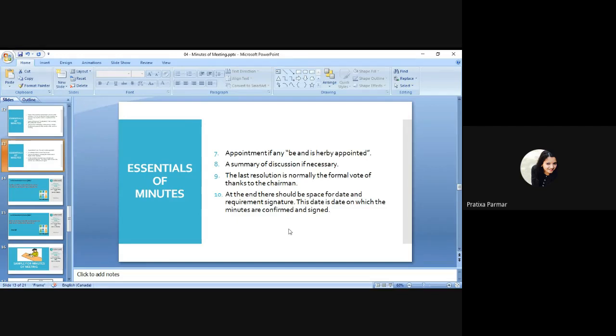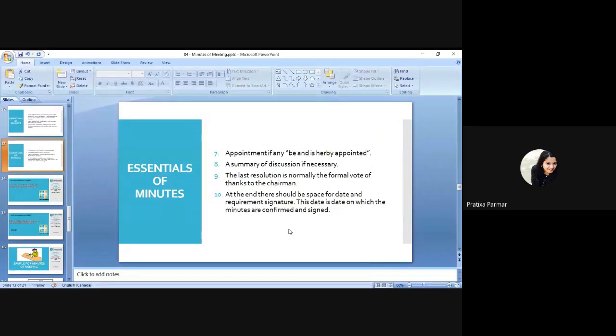The next important part is summary of the discussion, if necessary. If you feel that it is necessary to summarize the entire meeting and have a conclusion paragraph at the end, you can go for that. The last resolution is normally the formal word of thanks to the chairman.